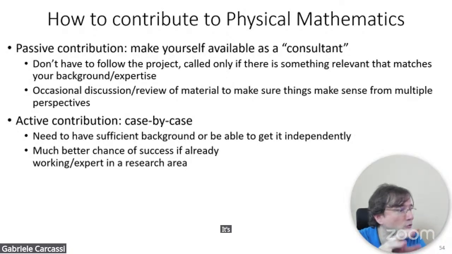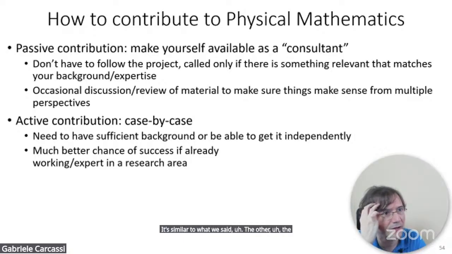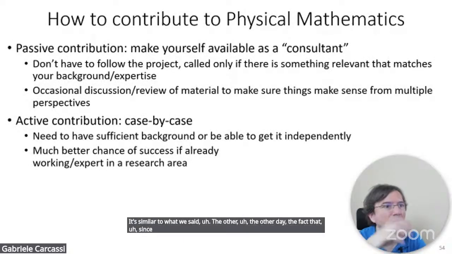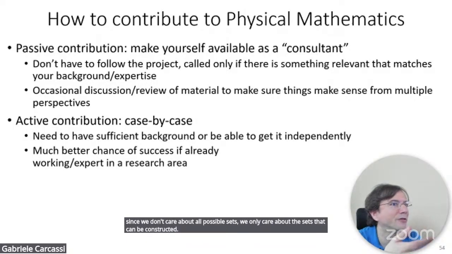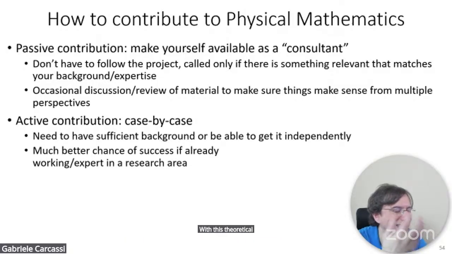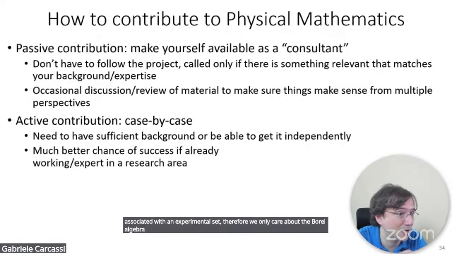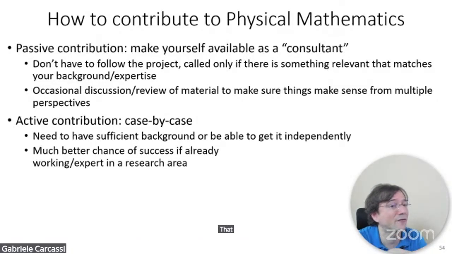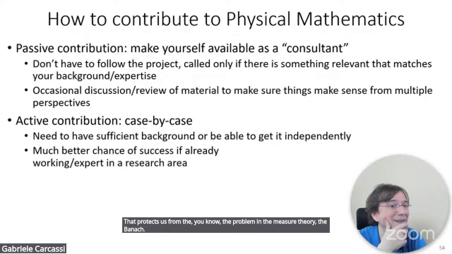It's similar to what we said the other day. Since we don't care about all possible sets, we only care about the sets that can be constructed with these theoretical statements, the sets that can be associated with an experimental test. Therefore, we only care about the Borel algebra of a topological space. That protects us from the problem in measure theory, the Banach-Tarski paradox, and all that.